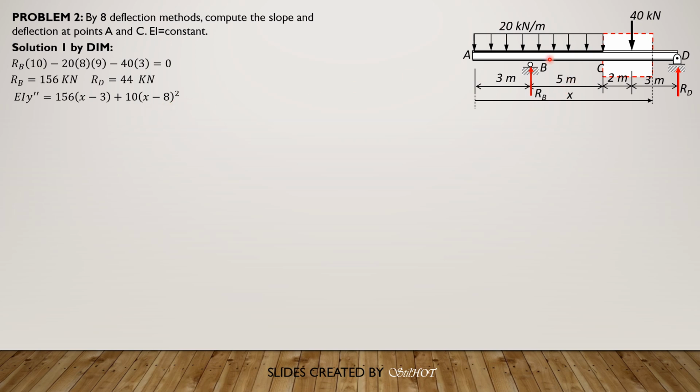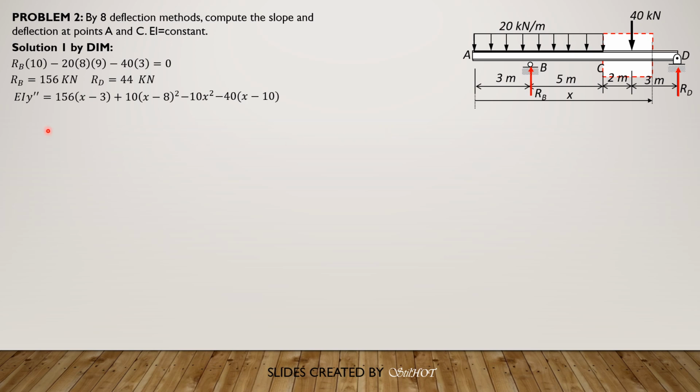Again, 156 times quantity x minus 3, plus this load here, 20 times quantity x minus 8 with moment arm x minus 8 over 2. So 10 times quantity x minus 8 squared, minus 20 times x over 2, or minus 10 x squared, then minus 40 times quantity x minus 10, and that's the moment equation.